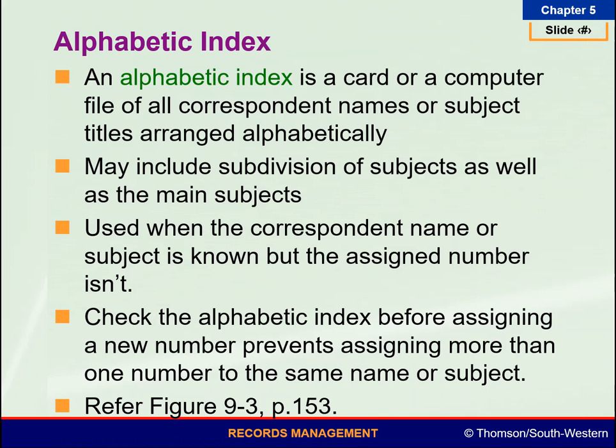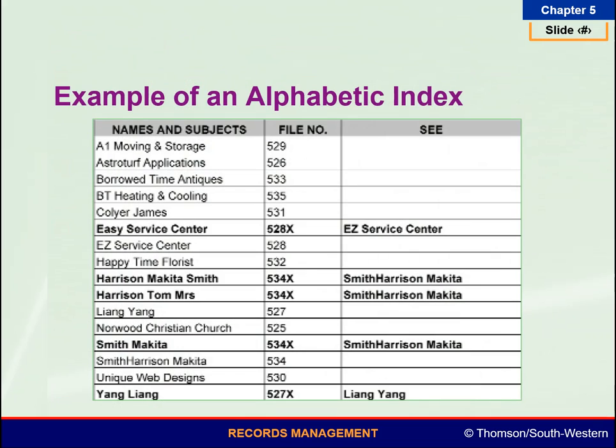We cannot refer to the textbook again, but we can see the example here for the alphabetic index. Compared to the accession log, where the first column is the file number, for the alphabetic index the first column is the names and subjects. You can see here that the name is A1 Moving and Storage. This is file number 529.